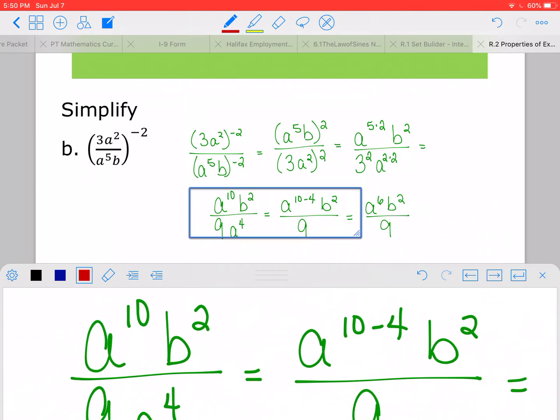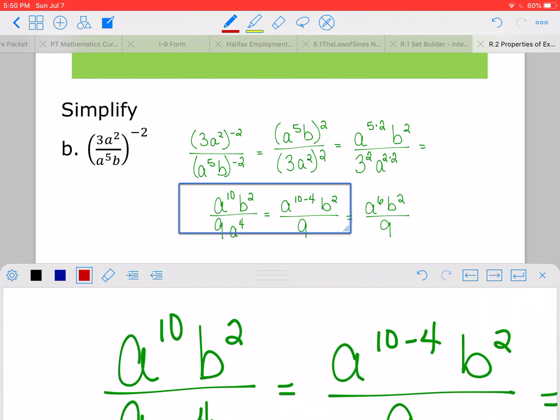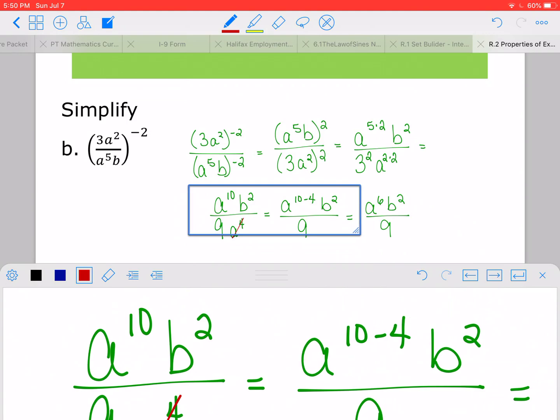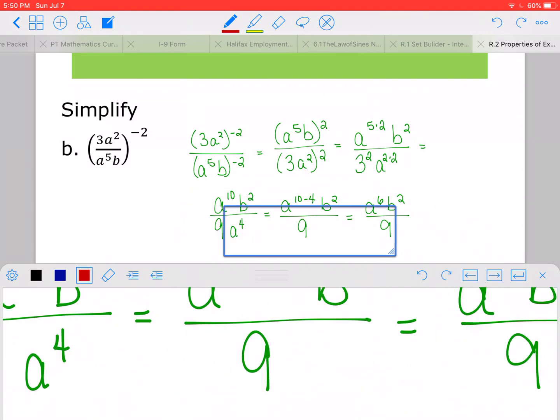Now you could also do this where you just kind of cancel out the a to the 4th and the 10 up here, and you've got 6 left. If you want to go ahead and write it like that instead of writing out the step to subtract, it's up to you.